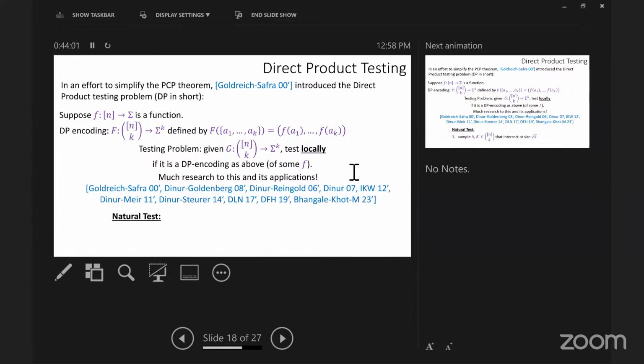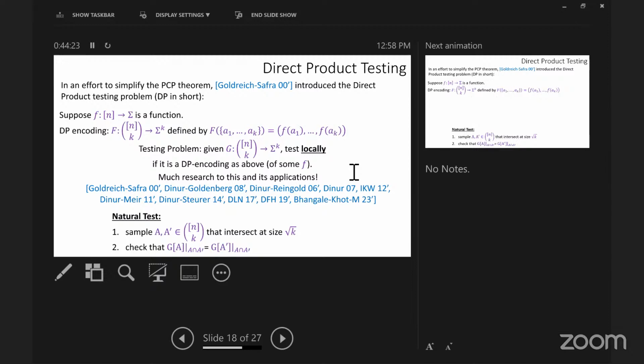But here is the test, which is really, really natural. You sample two k-sets, A and A prime, that have an intersection of size, let's say, root k. So if this table came from some little f, then the shared elements surely have the same value. So this is what you test. You look at what G gives to A, what G gives to A prime, and you check that these two vectors agree on the shared elements.